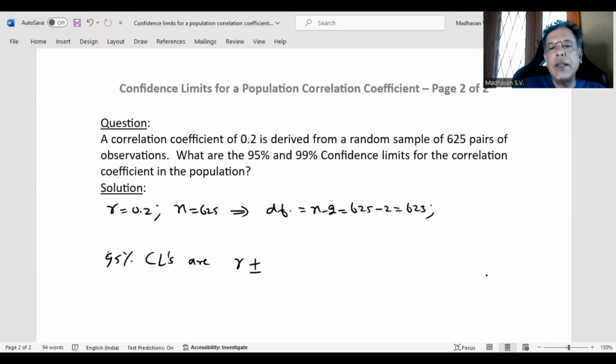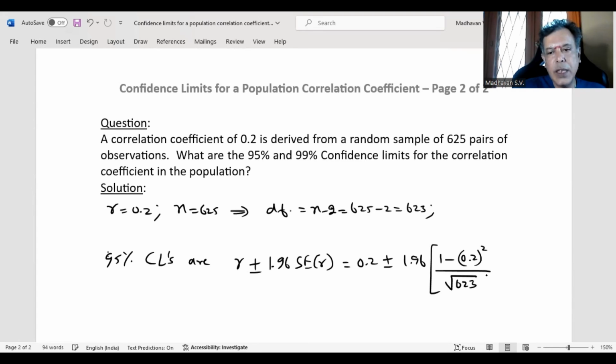Here, the degrees of freedom exceed 120, so we will consider the normal table value for a two-tailed test, which is 1.96, times the standard error of R. That will give us 0.2 plus or minus 1.96 times 1 minus 0.2 the square divided by the square root of 623. If we evaluate, we will get 0.2 plus or minus 0.075.